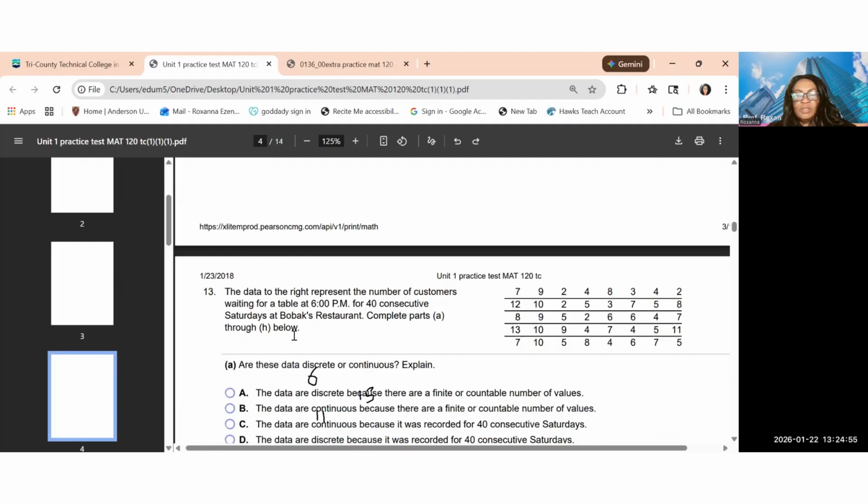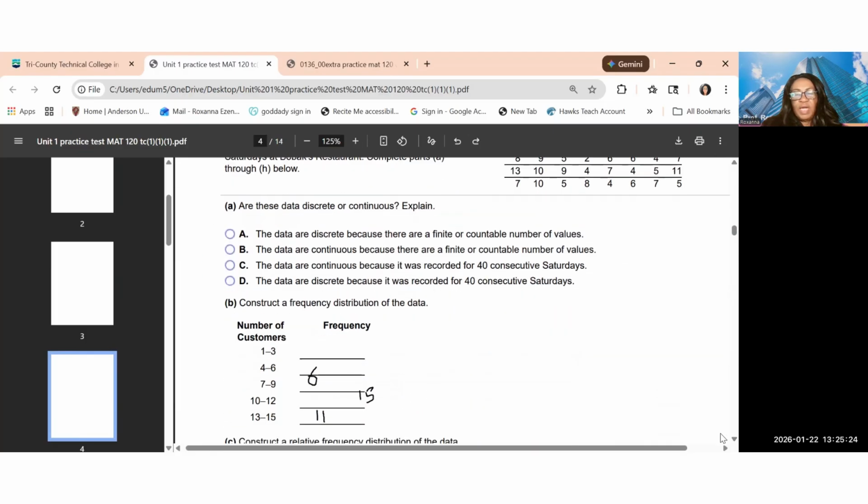These are customers, so they're actually human beings. If we count 1, 2, 3, 4, 5, this is 5, then 10, 15, 20, 25, 30, 35, 40. So the total number of customers is 40.